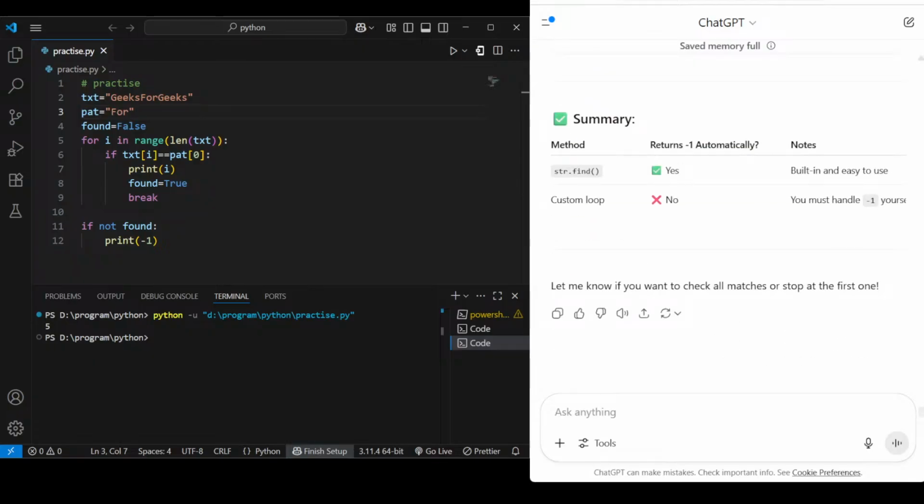I have a doubt here. What is the use of not?